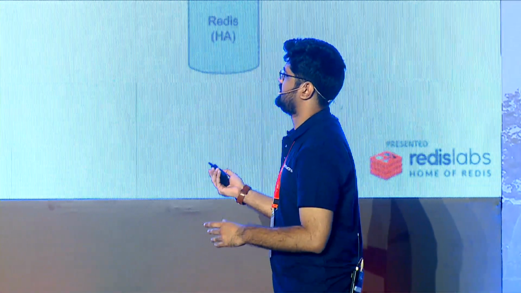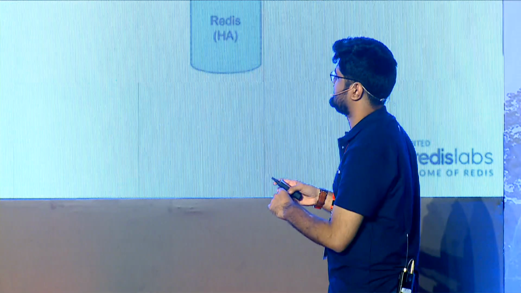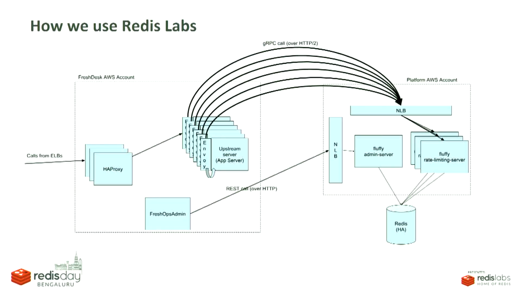So now we can talk about where Fluffy fits into the whole Freshdesk architecture. I'll walk you through the different components here. A Freshdesk application server is the upstream server. As you can see, every cluster of application servers contains an instance of Envoy running there. When a request comes through, Envoy calls Fluffy's rate limiting server via a network load balancer.